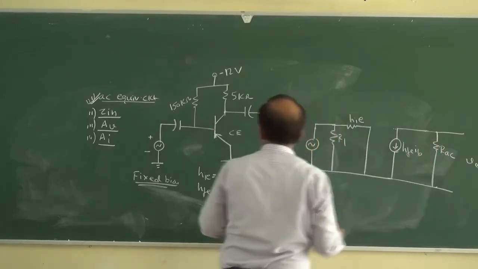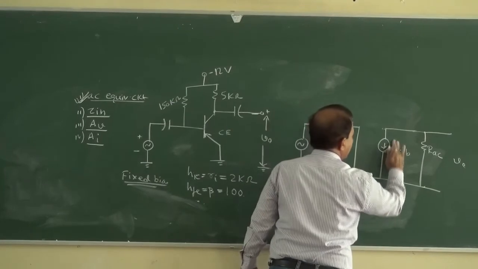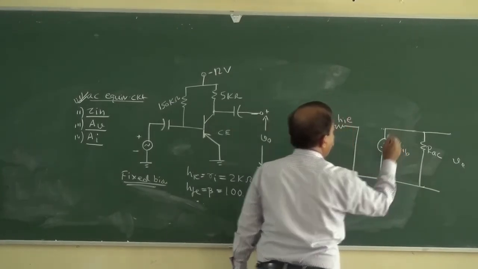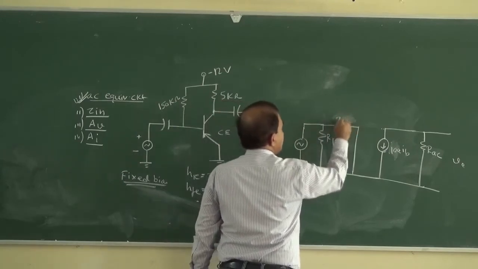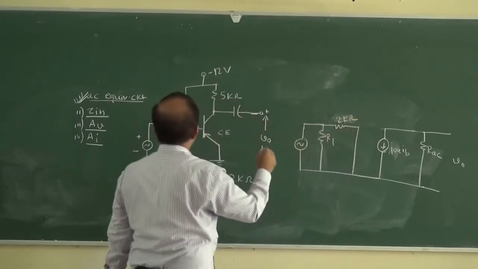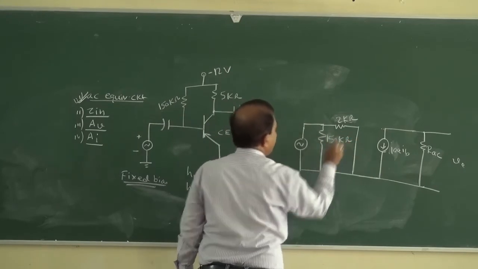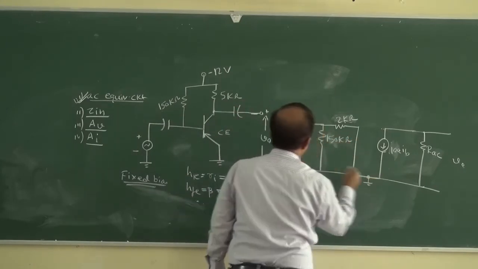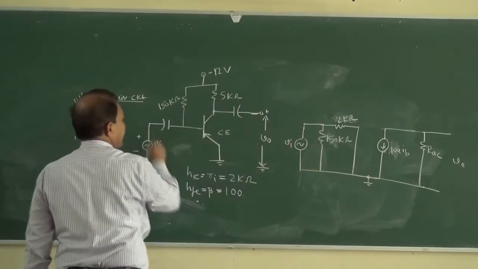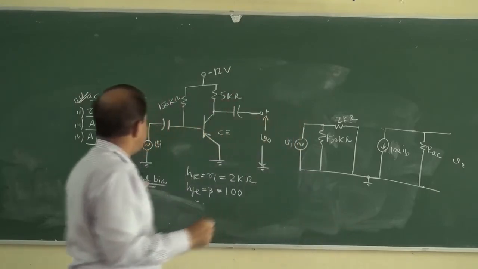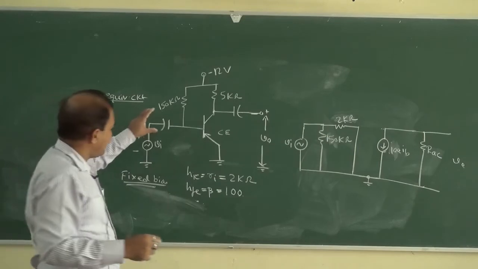HFE is given as 100, so it is 100 IB. HIE is given as 2 kilo ohm. R1 is 150 kilo ohm. It is grounded, and this is VI.